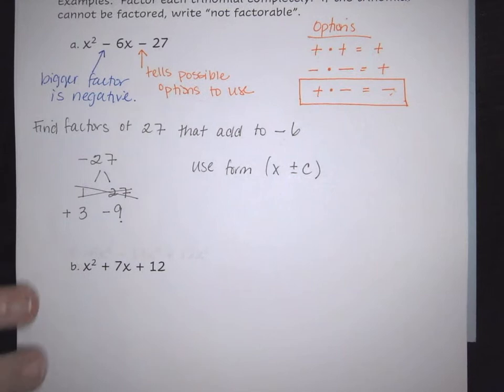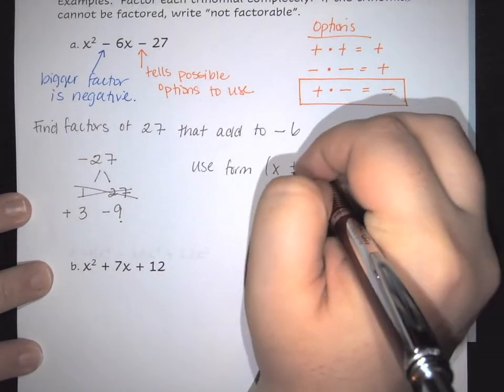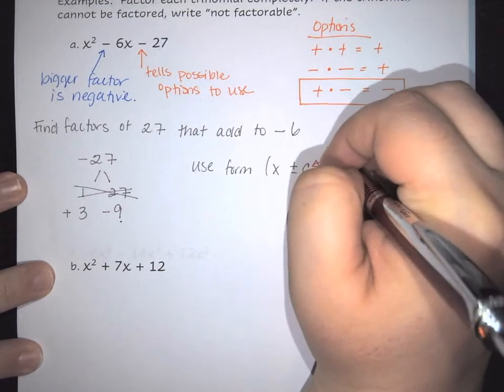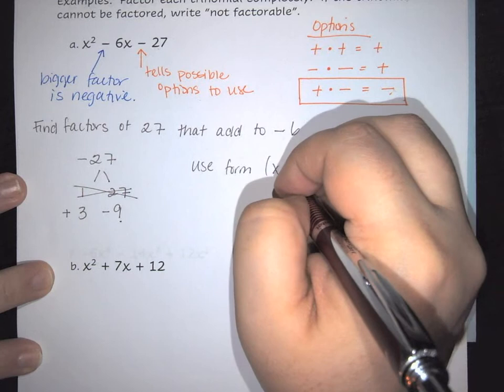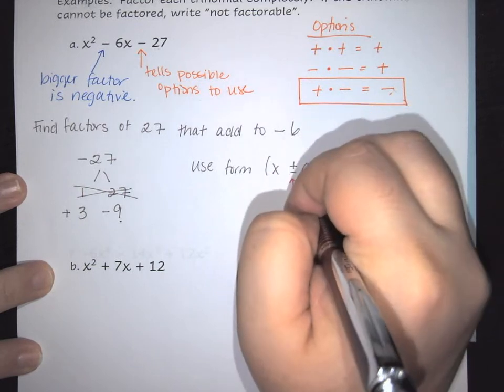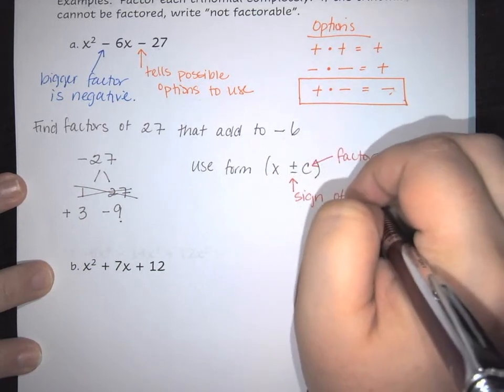Okay. Now in this form, it's really important to note that this c term here stands for the factor, and the sign right here is going to be obviously the sign of the factor.